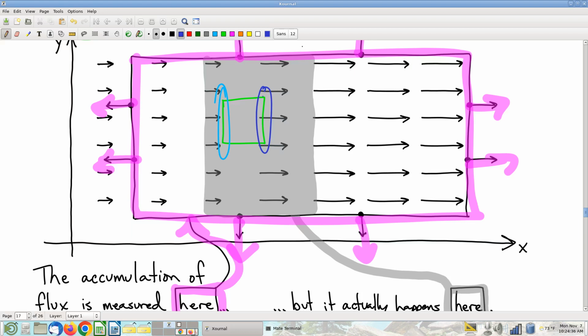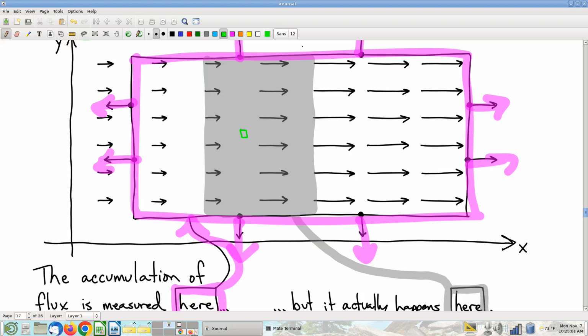So there's more out and less in. And so in that region, there's going to be a positive amount of boundary flux. And this applies no matter how small you make your region. If you take a teeny tiny little region in here, I can tell you how much of this purple flux that I'm measuring on the boundary, how much of it comes from right in here?